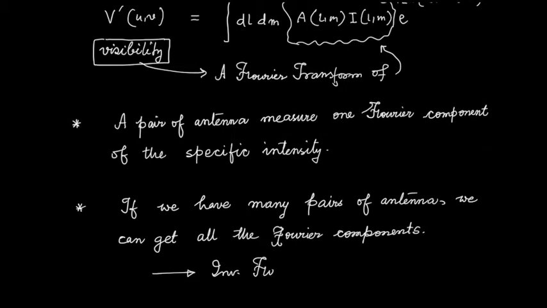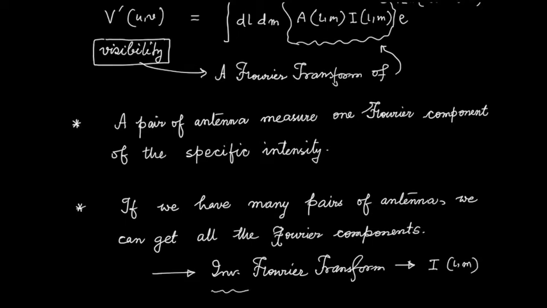Then we take the inverse Fourier transform. This will give us the visibility. I'm sorry, this will give us the I. It will give us I times A, but A I already know, so I can get I from it.